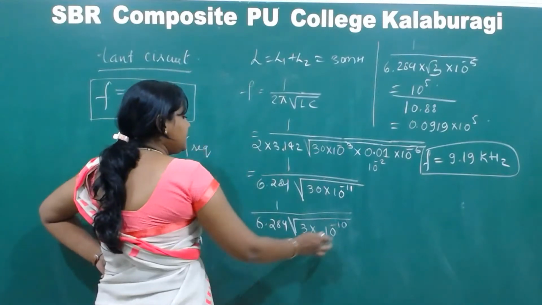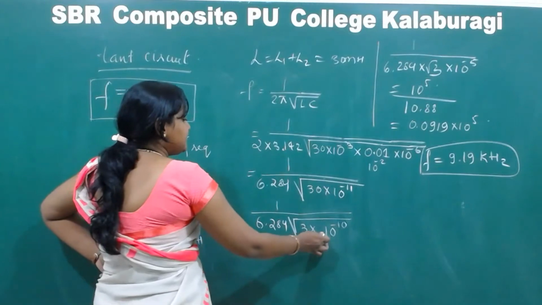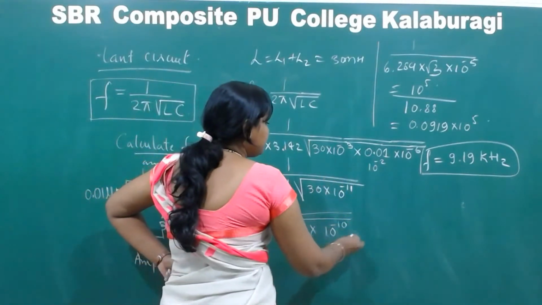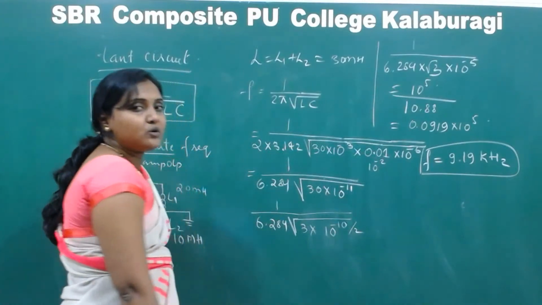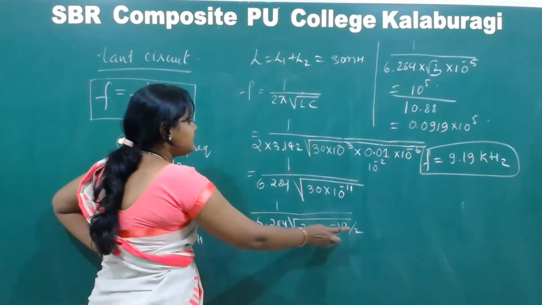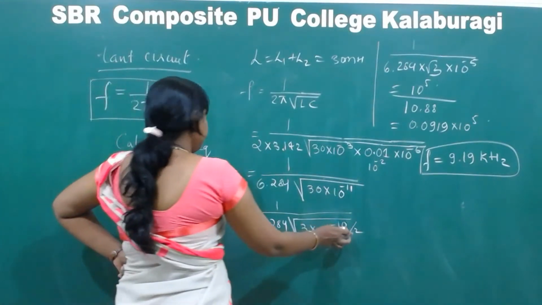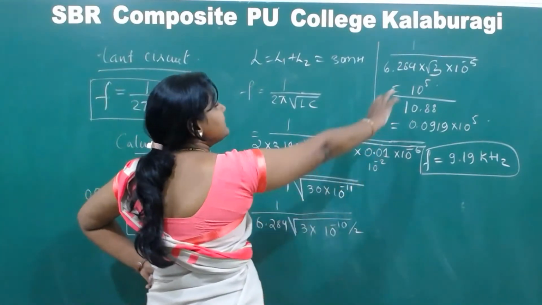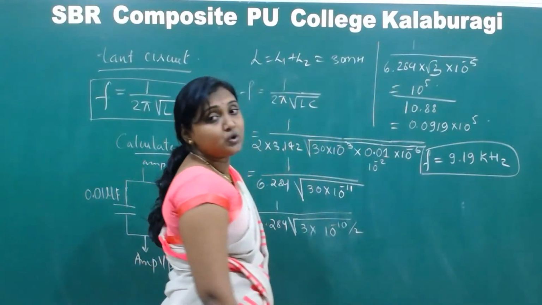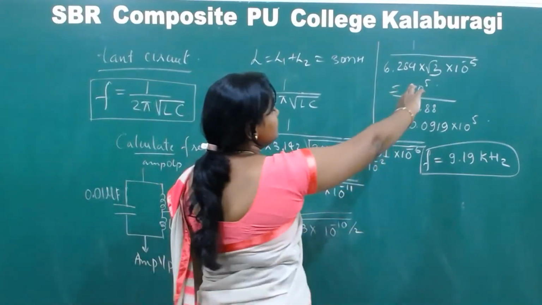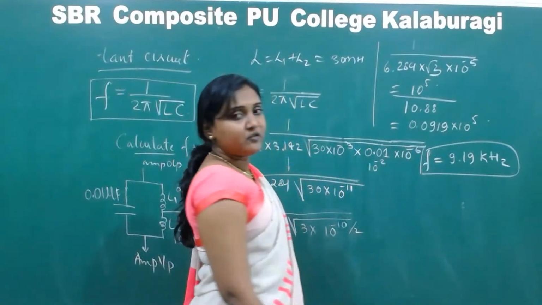So root of 3 into 10 to the power of minus 10. Minus 10 taken outside the root is simply divided by 2. That is why I am taking minus 5. When taking out of the root, that's why I told you always select the value as an even number. So it is minus 5. So 6.284 into root 3 into 10 to the power of minus 5. Taking it in the numerator, it becomes 10 to the power of plus 5.